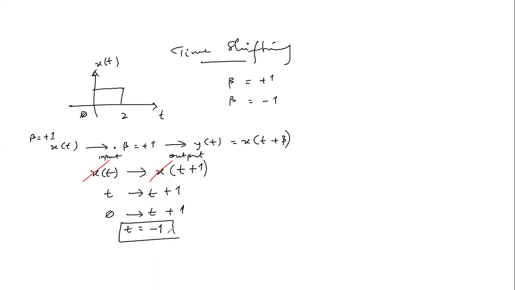Good. So let us play with the second. So when t is 2, t tends to t plus 1. So when t is 2, this is input, this is output. So what's going to be t at the output? So t will be 2 minus 1, which is equal to 1. T is equal to 1.